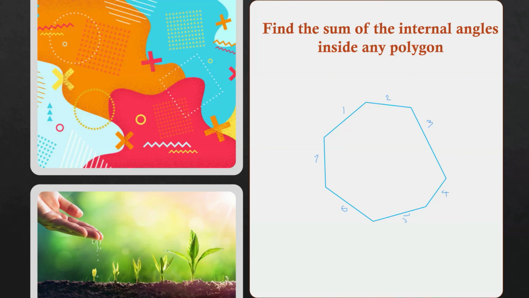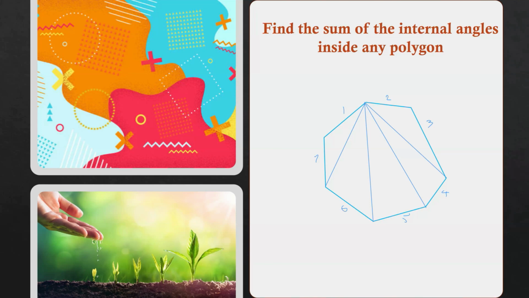The idea is if we can break it up, then we can count. So from one of the vertices, pick any, I will draw the line and break it up. Draw from that vertex to all the other vertices.